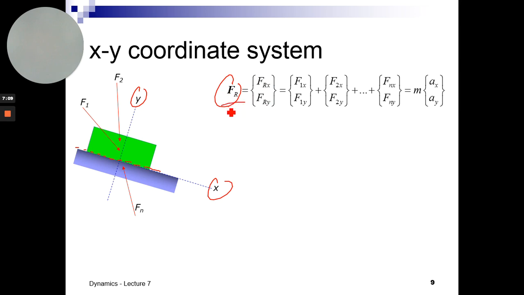If we break it into components, the total resultant force acting at the X axis and at the Y axis equals the sum of the components of F1 at X and Y, plus the components of F2, plus F3, F4, F6 until the last one, which is equal to the mass of the block times the acceleration of the block at the X axis and at the Y axis.